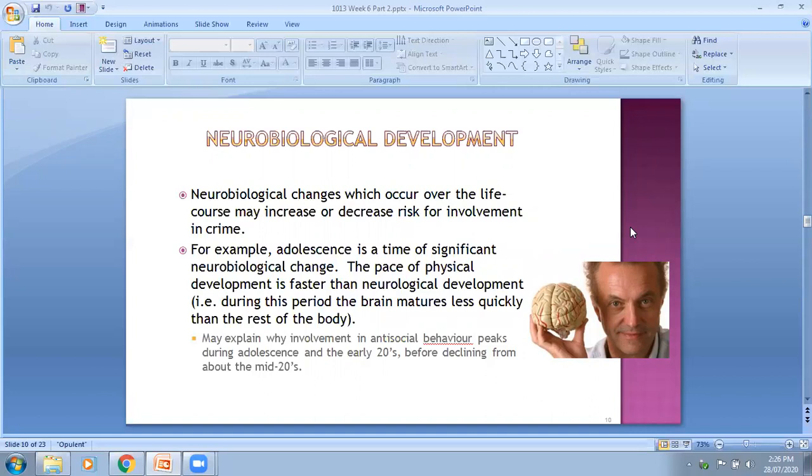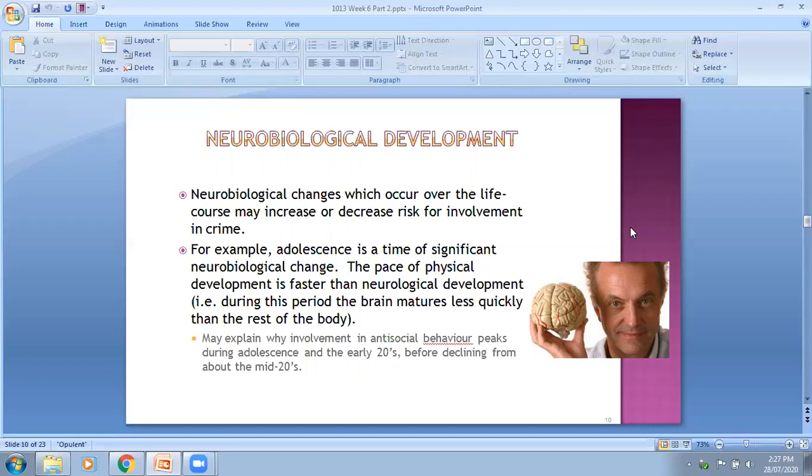For example, in adolescence, the brain changes so much, and sometimes the body can just grow at a great rate and the brain just doesn't keep up with it because it matures just a little bit slower than the rest of the body. This supports the age-crime curve that says that crime will occur a lot in adolescence and then subside for the vast majority of young people.